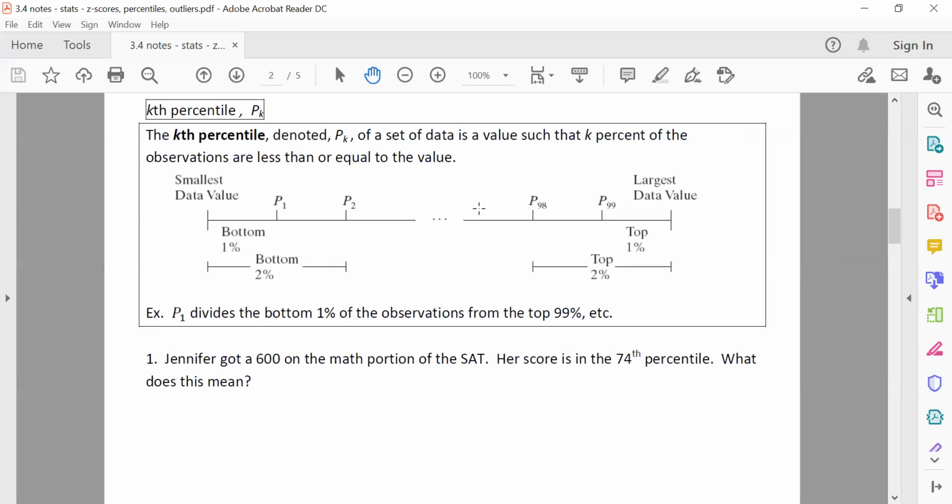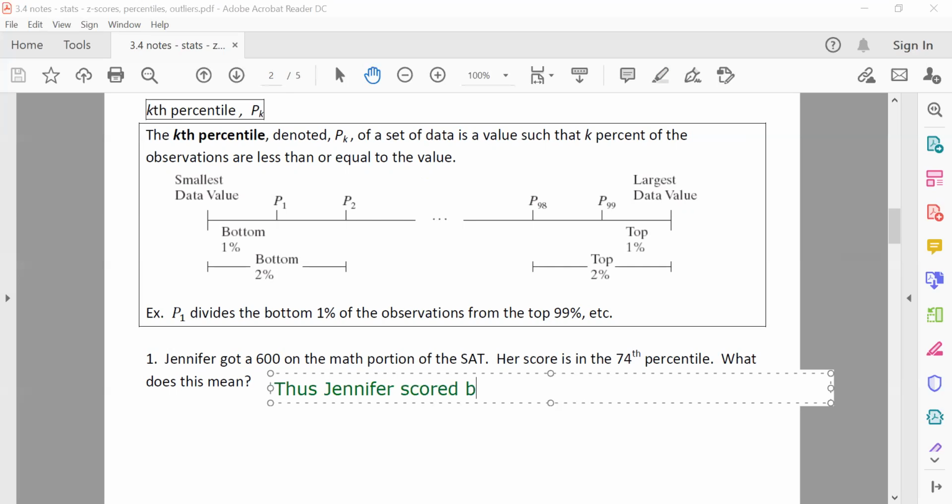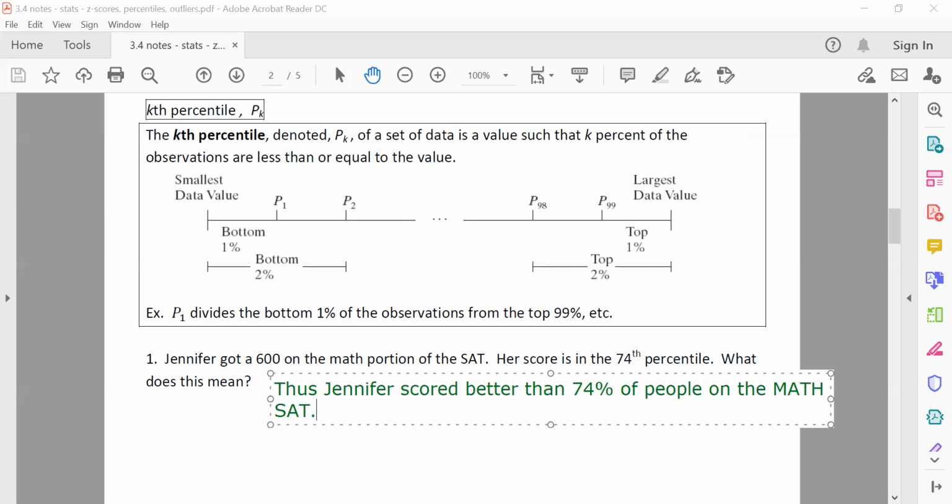So whatever the percentile is, Jennifer got a 600 on the math portion of the SAT. Her score is in the 74th percentile. That means, thus, Jennifer scored better than 74% of people on the math SAT, which is pretty good.